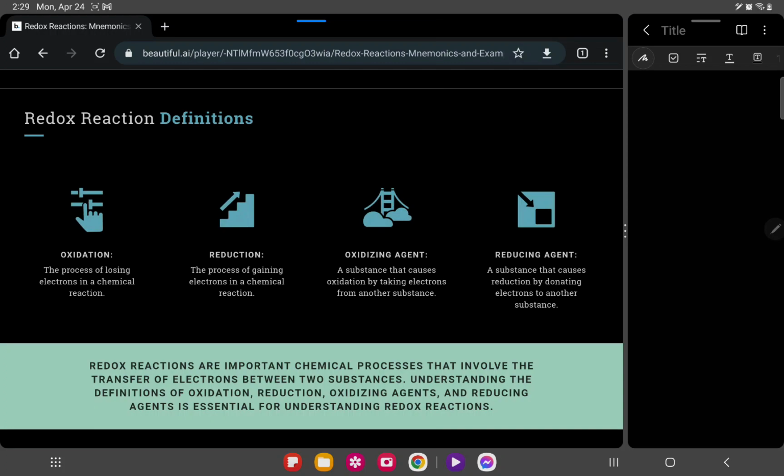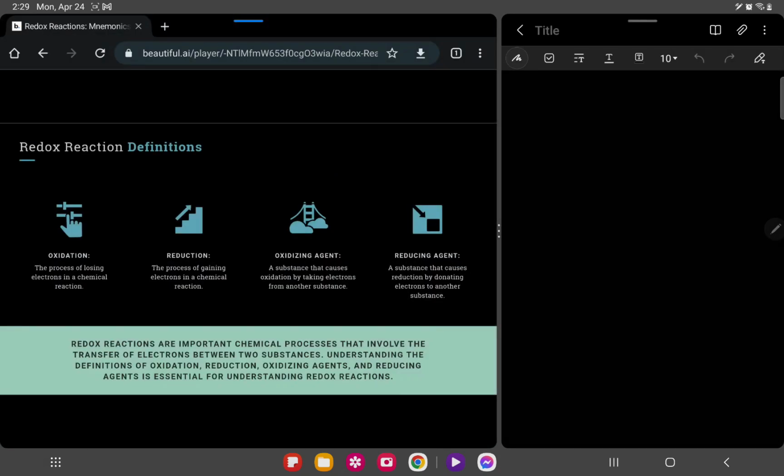Okay, so some other redox reaction definitions include oxidation, the process of losing electrons in a chemical reaction, and reduction is the process of gaining electrons in a chemical reaction. So let's say first, I'm gonna give you a mnemonic for this topic.